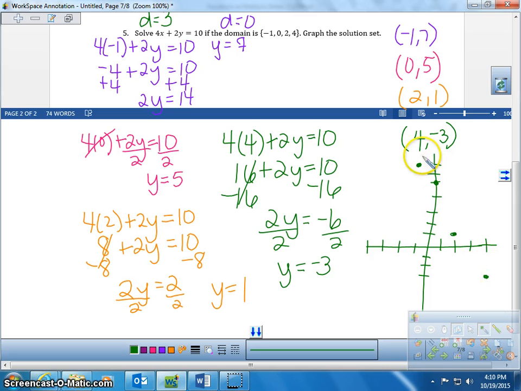What do you notice about this line, or these points? They make a straight line, or mine is kind of straight, right? It's supposed to be straight. They should be in a straight diagonal line. Do not connect them, but they are to make a straight diagonal line. So if you did not, you've done something wrong.